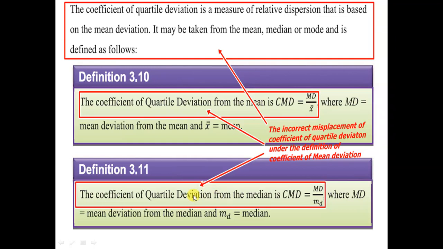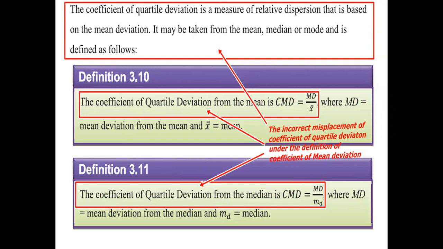Similarly, on page 201 or 202, it was also written in the definition, which I didn't attach here, the coefficient of quartile deviation from the mode. It says like that. But that is also wrong in the next definition, definition 3.12.